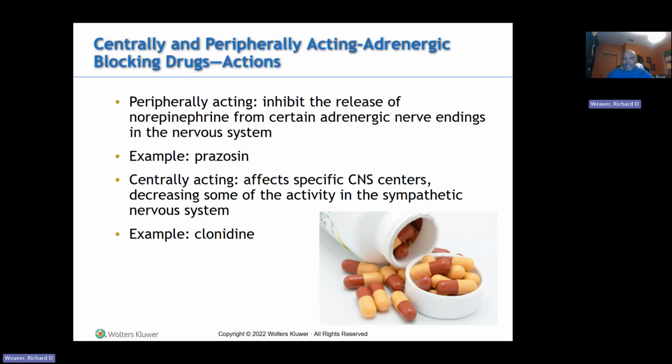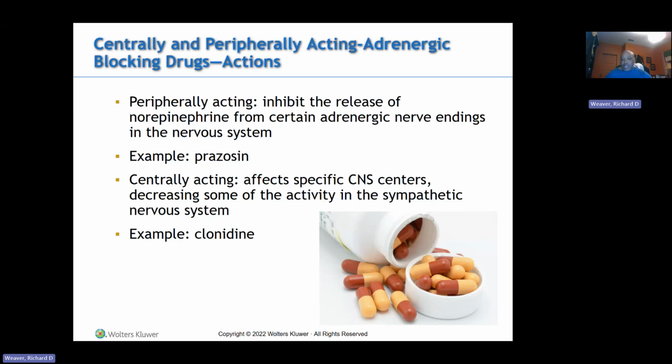Now, another group of anti-adrenergic drugs is called the centrally acting anti-adrenergic drug group because they act on the central nervous system rather than on the peripheral nervous system, meaning brain and spinal cord. This group affects specific CNS centers in the brain and spinal cord, thereby decreasing some of the activity of the sympathetic nervous system.